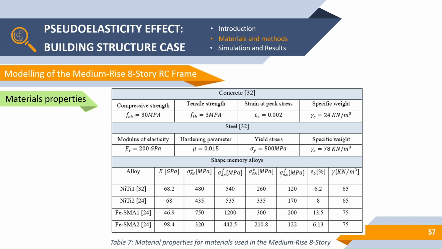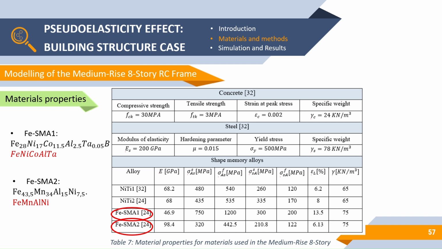For the material properties used in this medium-rise 8-story, 3 types were involved, as in the previous case: concrete, steel, and shape memory alloy. But this time, 2 types of nickel-titanium and 2 types of ferrous-based shape memory alloy were used, where ferrous-based shape memory alloy 1 and 2 refer to the following acronyms.